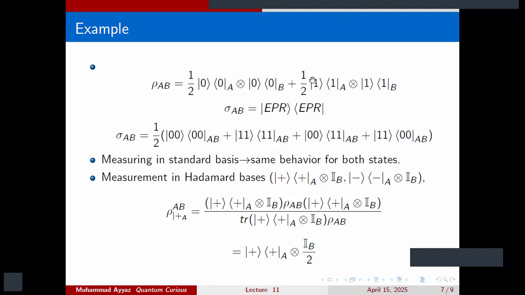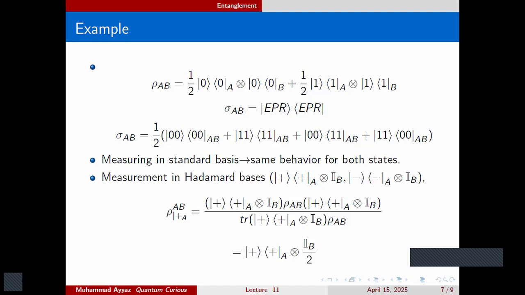And similarly, if we get the result 1 in A for ρ_AB, we are guaranteed to get the result 1 for system B, and similarly for the EPR state. So in the standard basis, both are showing the same kind of relations and correlations between the two qubits, and we will see how they differ for measurement in different bases, like the Hadamard basis.